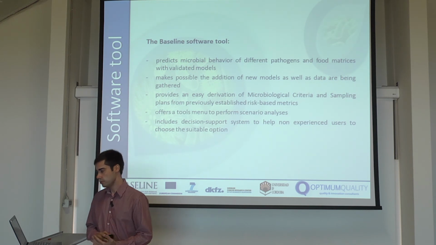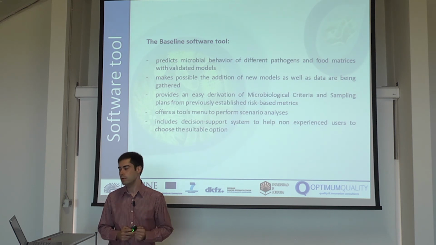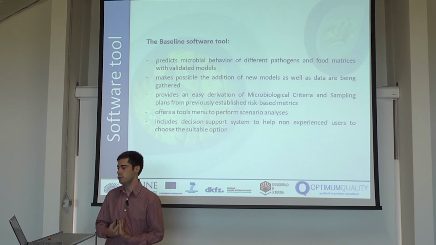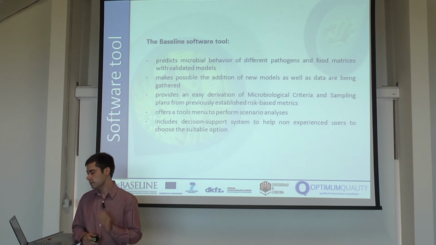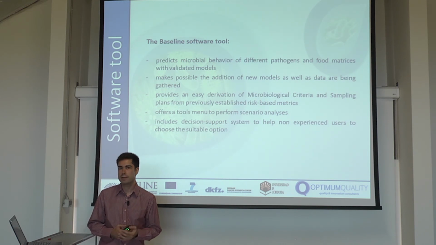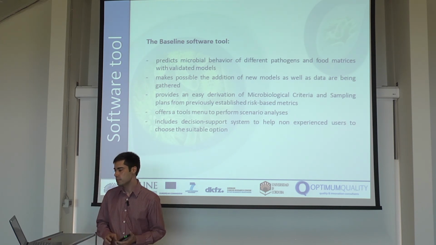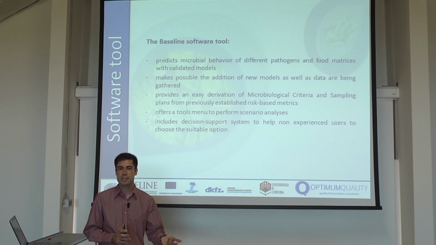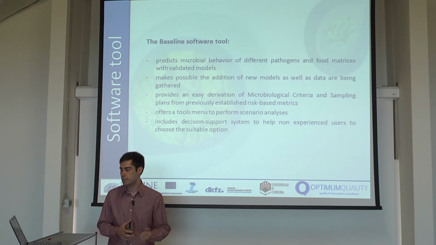But as concluding remarks, the baseline software tool predicts microbial behavior of different pathogens and food matrices with validated models, makes possible the addition of new models or even new sampling plans, as well as data being gathered, provides an easy derivation of microbiological criteria and sampling plans from previously established risk-based metrics, offers a tools menu to perform scenario analysis if we intend to evaluate, for instance, the effect of increasing the sampling size, the impact of the analytical technique, the number of samples.